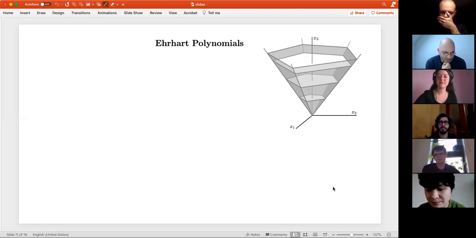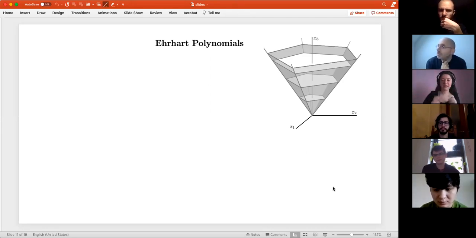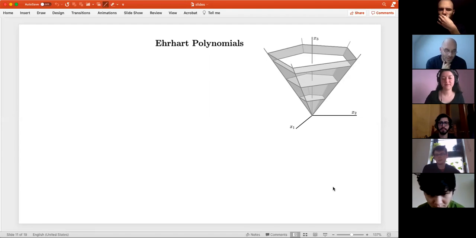So I can tell you what's known, simply because the face lattice of a polytope is graded. So whenever you have a graded poset, then the order polytope or the order polynomial has a nice structure.